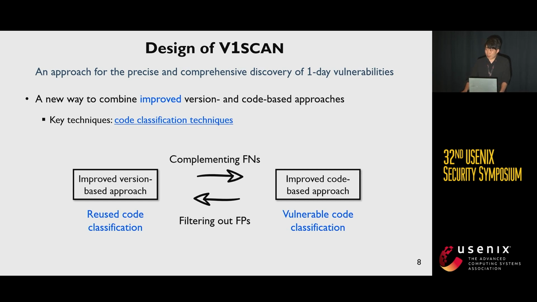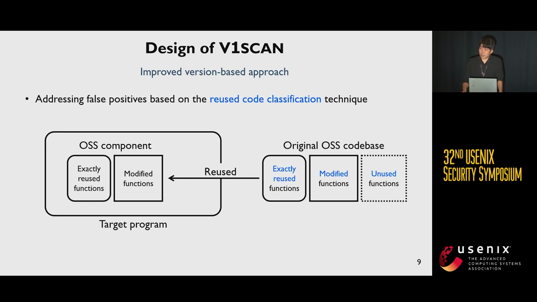And to complement the false negatives of existing code-based approaches, V1SCAN uses vulnerable code classification and also leverages the improved version-based approach. Now I will introduce the key techniques used in V1SCAN.